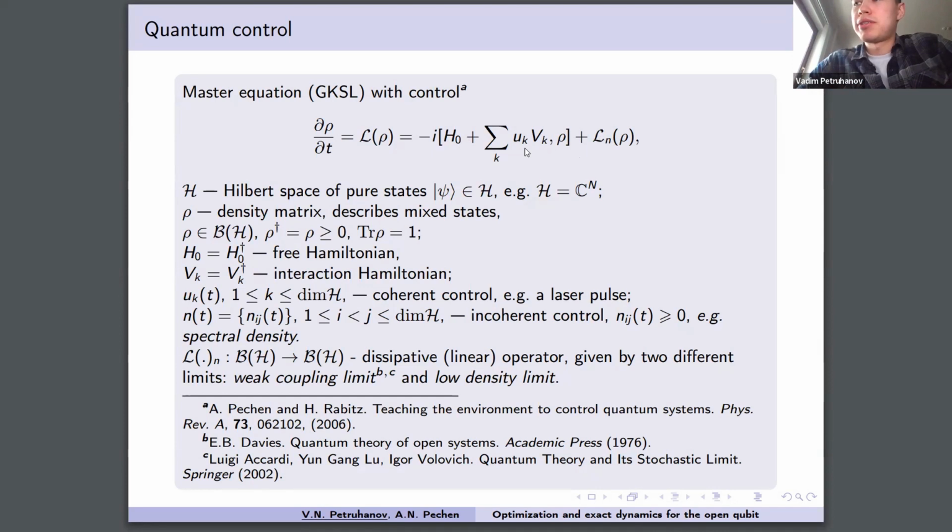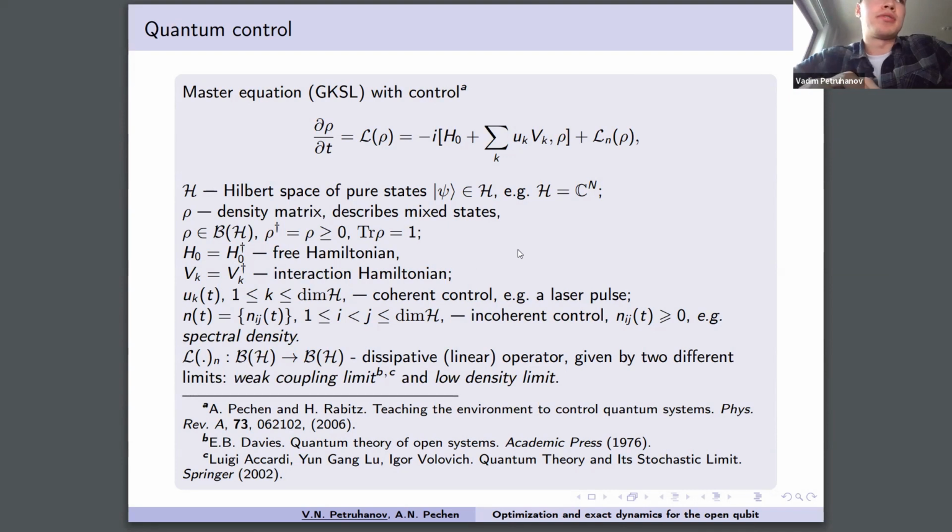So physically, coherent controls can be represented by an electromagnetic field, for example, a laser pulse, and incoherent control can be a spectral density of the environment.